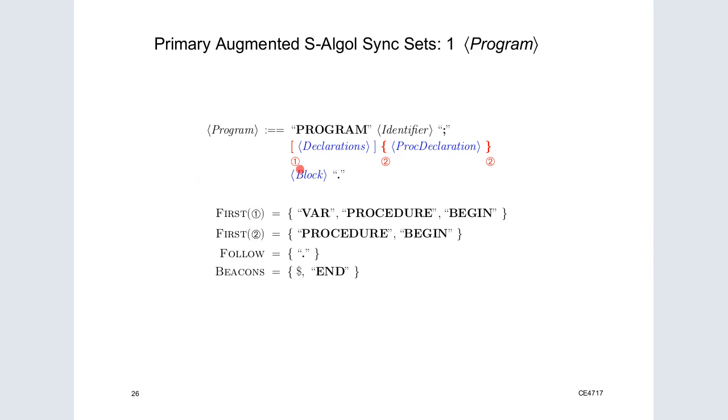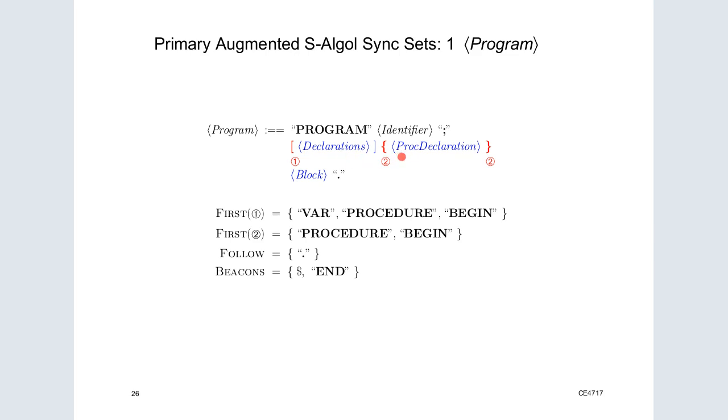One at this point, which will synchronize on a first set here, which consists of var, procedure, and begin. These are all the things that can start a sentential form that starts at this point. So you either have a sentential form starting with a var keyword because you have declarations there, or you have a sentential form starting with a procedure keyword because you have no declarations, but you have a procedure declaration.